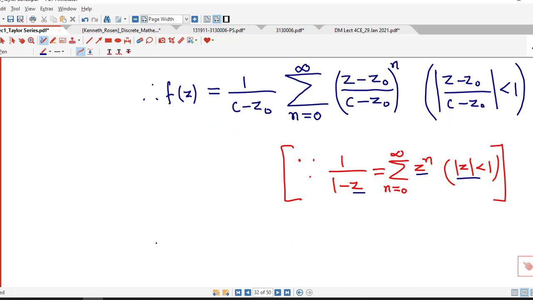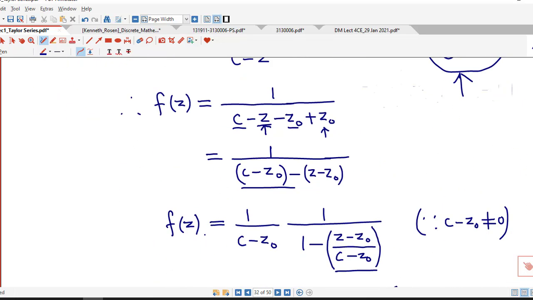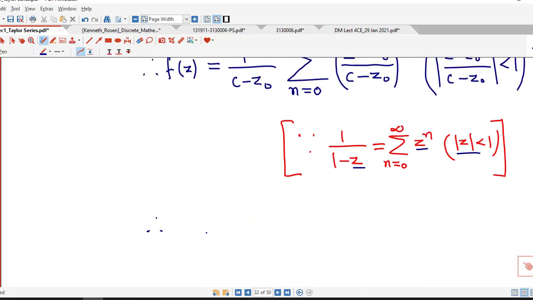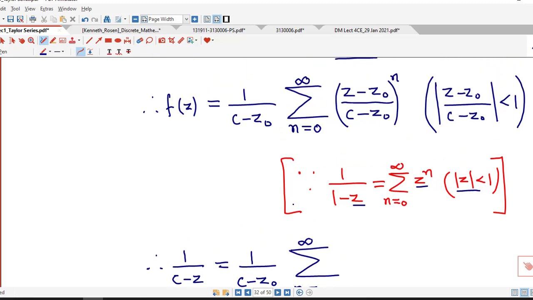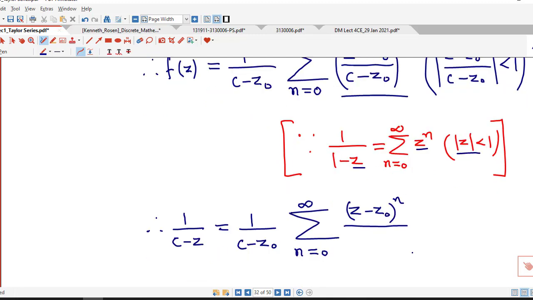Now our function is 1 over c minus z, so we write the value of the function here as 1 over c minus z. This is equal to 1 over c minus z0 times sigma n equal to 0 to infinity, and this we can rewrite as the nth power of z minus z0 divided by the nth power of c minus z0.